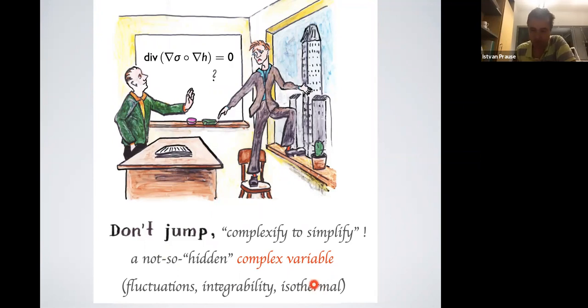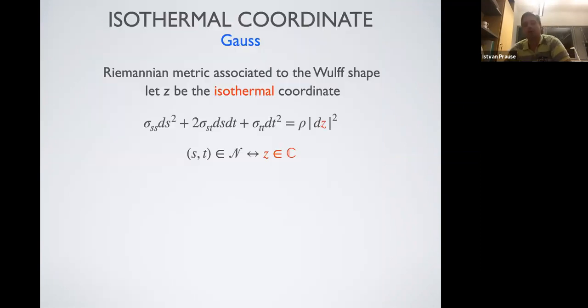But what we are going to do is actually an abstract approach, and introduce it as an isothermal coordinate. So let's do this. We have some model. There is a limit shape associated to this.